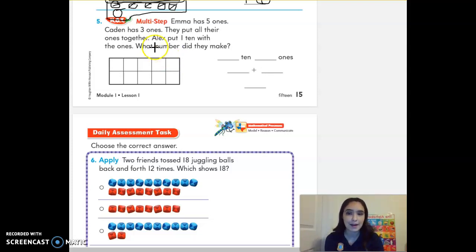So because I see that Alex put 1 ten, I'm going to start with him first because he has a 10 completed. That means we're going to use our counting cubes to complete this 10 frame. That's 1, 2, 3, 4, 5, 6, 7, 8, 9, and 10.